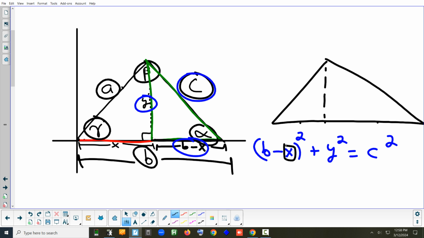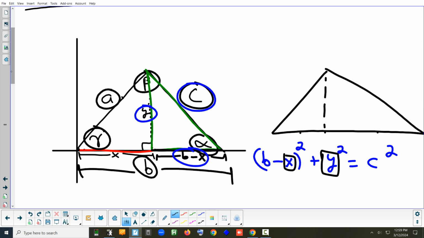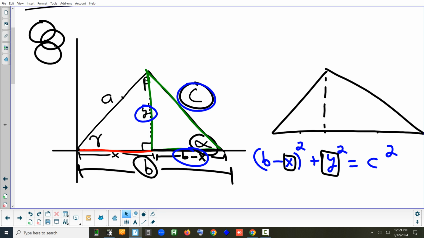This has to go. And this has to go. Because they're not part of the original triangle. They're like extra things you labeled that you would never really know. So what I want to do is figure out something I can plug in for x. Let's start with that. All right, so x. Let me try and move away some of these circles.